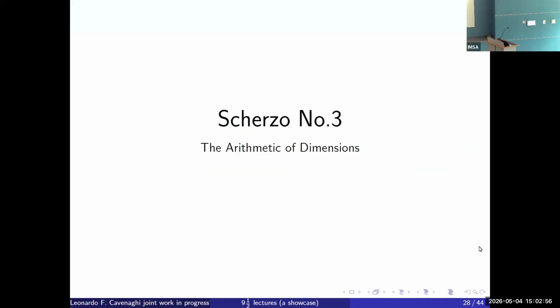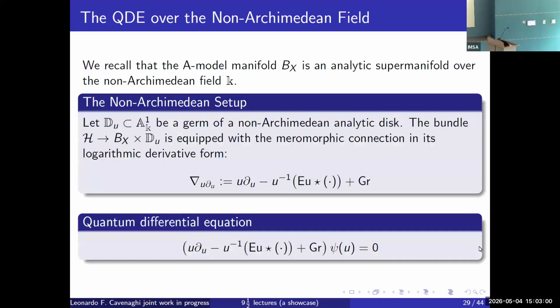Excursion number 3, the arithmetic of dimensions. Okay. So what is the setup? We have built this A model manifold so far. Now, from Tony's talk, there is this natural A model F bundle. Do this by looking to this germ of analytic disk. So then you have this du here, which to me is keeping track of non-commutative structures as the parameter spaces vary.